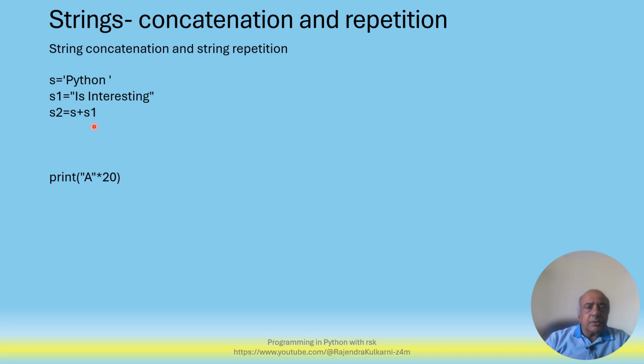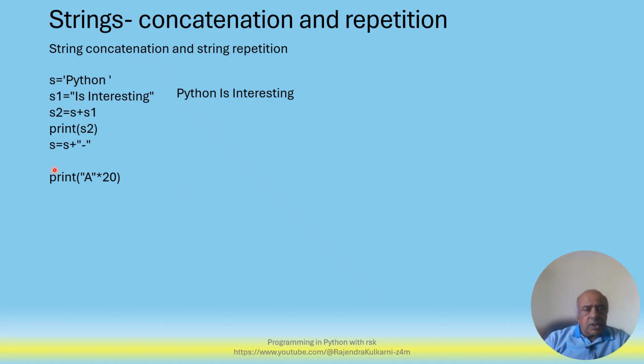What will happen? S2 will be assigned the concatenation, or joining, of the two strings S and S1, and S2 will be a third string. When we display that string, we get Python is interesting, which is the concatenation of S and S1.